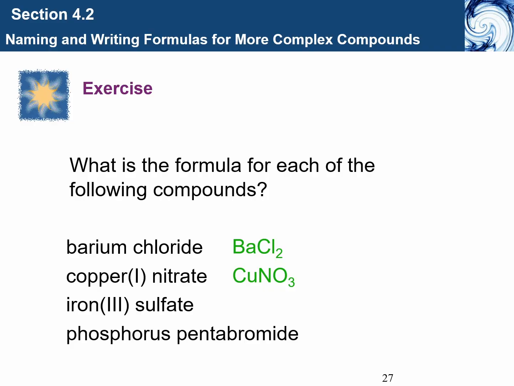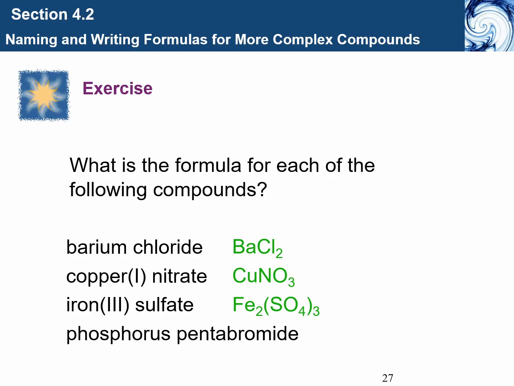Iron 3 sulfate contains Fe3+, which is from the 3, and the sulfate anion is a 2 minus. So the least common charge that we could have together, from a least common denominator kind of thing, LCD, between a +3 and a 2 minus would be 6. So I would need to do a little bit of math and figure out to get my 6 from 3, I need 2 iron and I need 3 sulfates altogether.